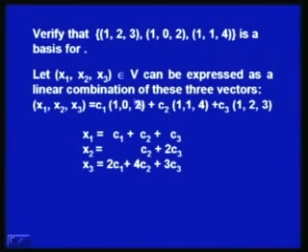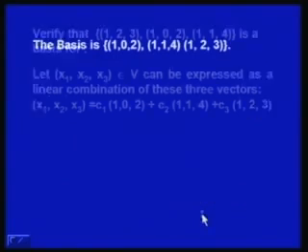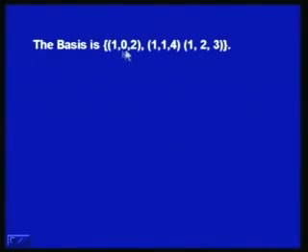These are 3 equations if you equate component-wise, and one can solve these 3 equations. So, this is the solution which I have obtained. You can verify that this is actually the solution, and that means (1, 0, 2), (1, 1, 4) and (1, 2, 3) form a basis for R3.